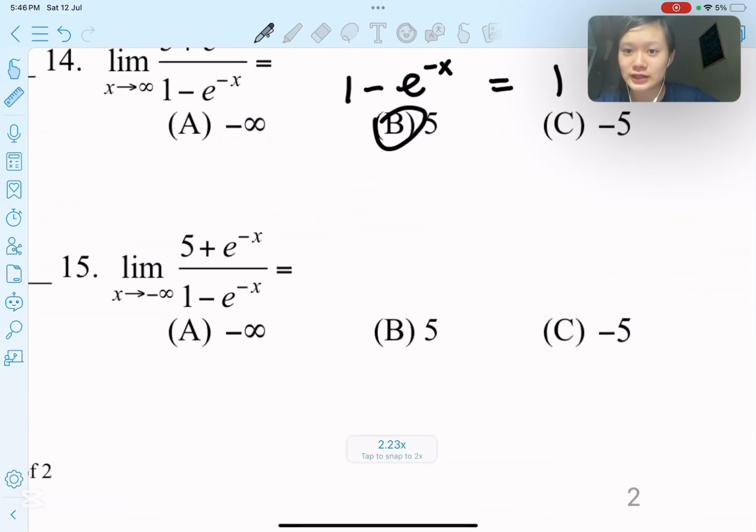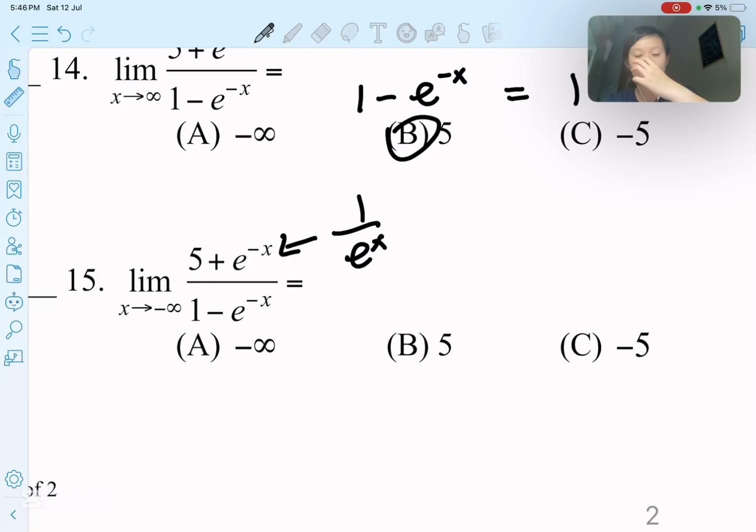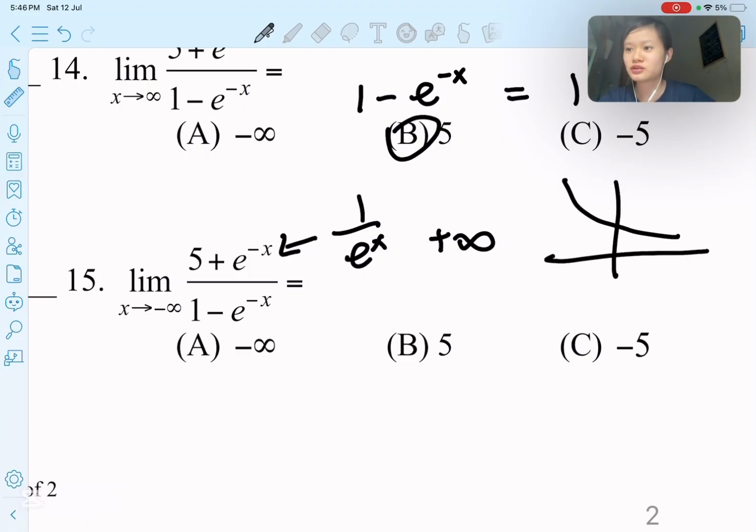Again, we can break it down, or we can look at the shape of the graph. So this again is 1 over e to the x, and when x goes to negative infinity, this goes to positive infinity. I've drawn this graph so many times. And then here, when x goes negative, this goes to negative infinity.